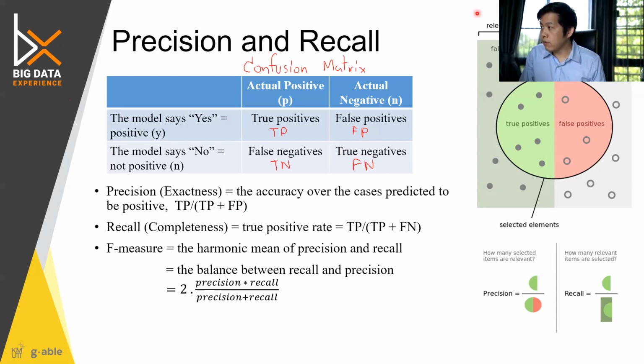If you take a look at the right hand side here, you may understand it better, right? Suppose we have the cases as dots here, and the filled dots. The black dot indicates the case that you want to predict, like coronavirus, those who have the disease.